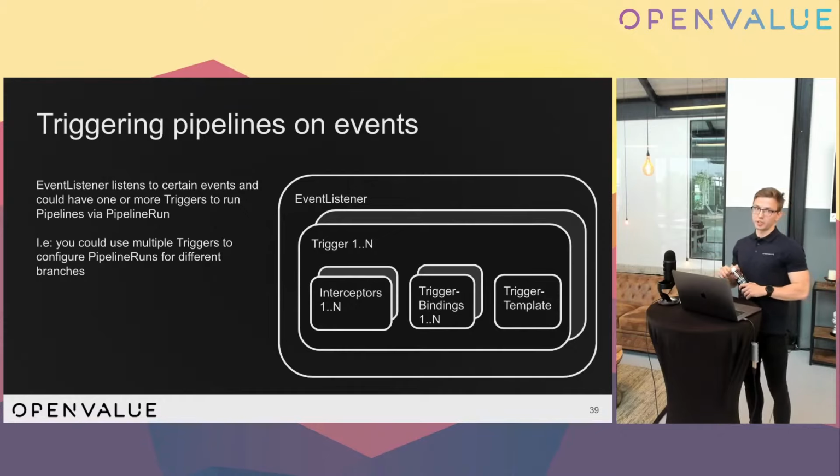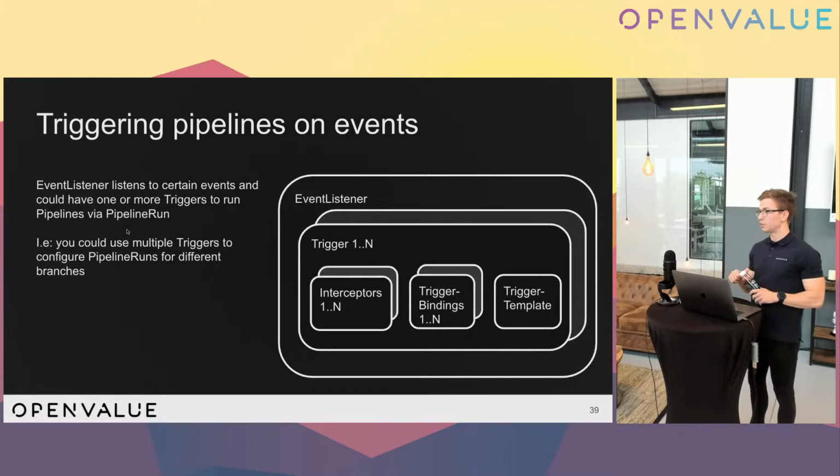So in our scenario, we had multiple triggers for different branches. For example, if you commit on any feature branch, it will trigger a new pipeline and deploy that version onto a development environment. If you merge that feature branch into the develop branch, it will deploy to staging.